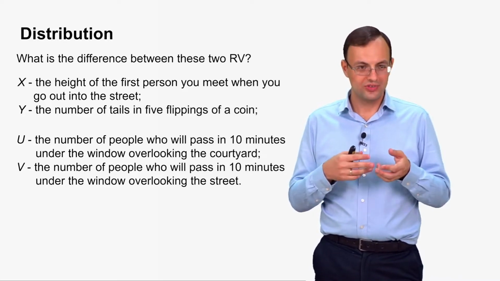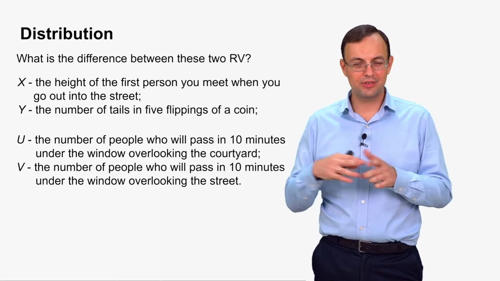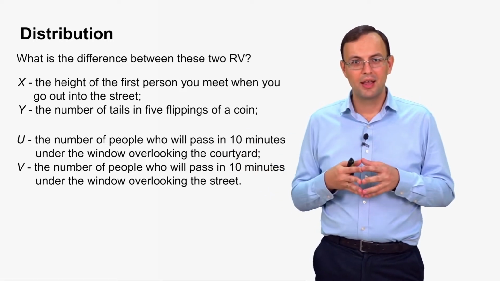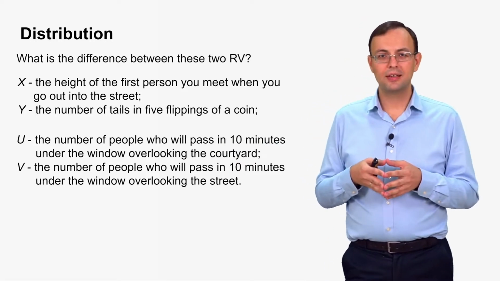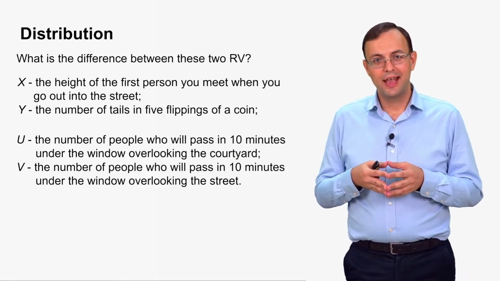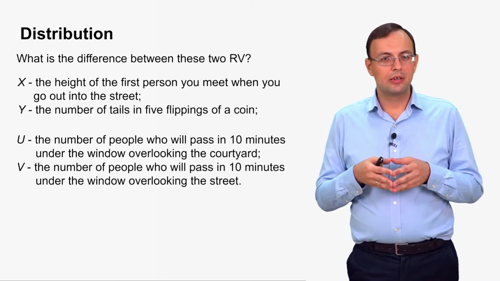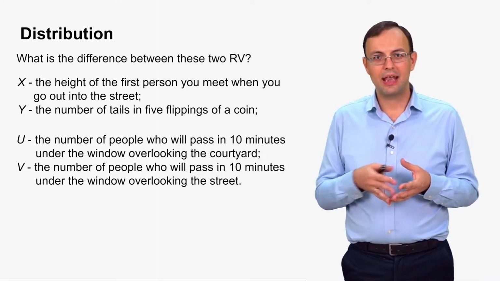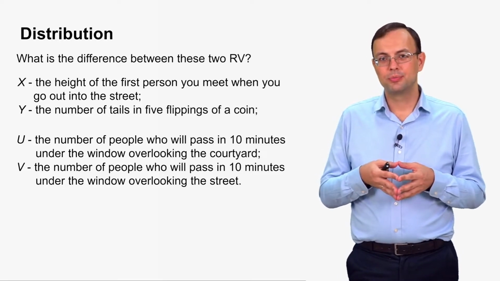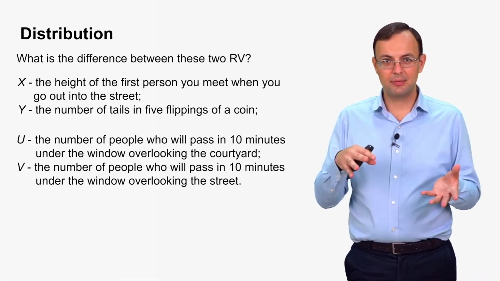So 0, 1, 2, 3, 4, 5, and so on. So integer numbers, or natural numbers to be more correct. Natural numbers and 0. But what is the main difference in this case? So the set of possible values is the same for U and V.